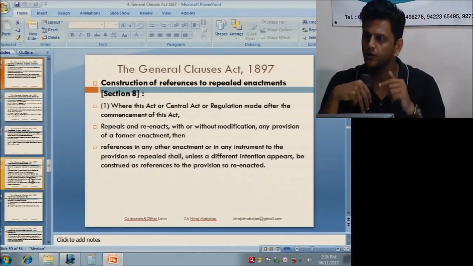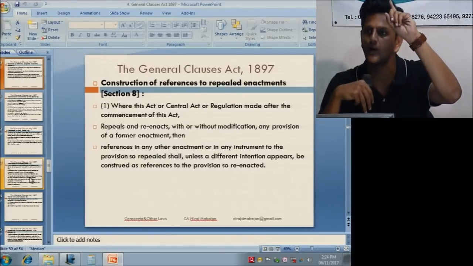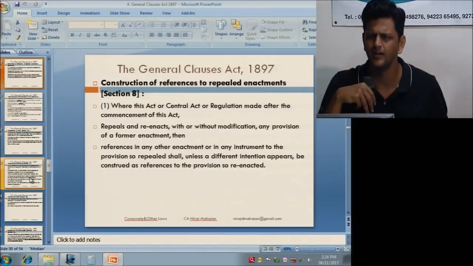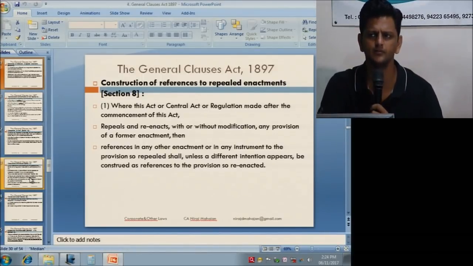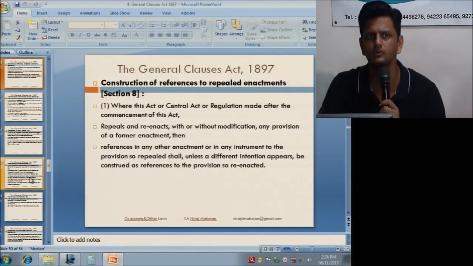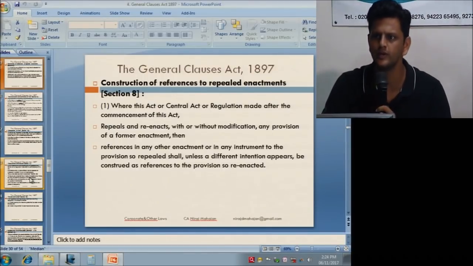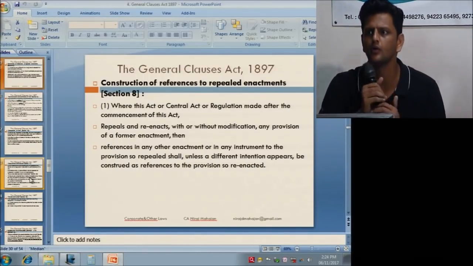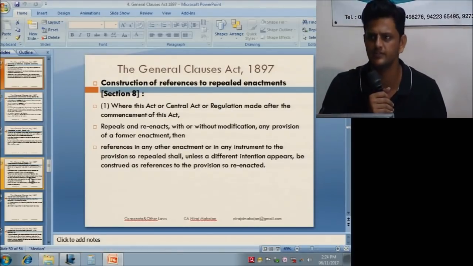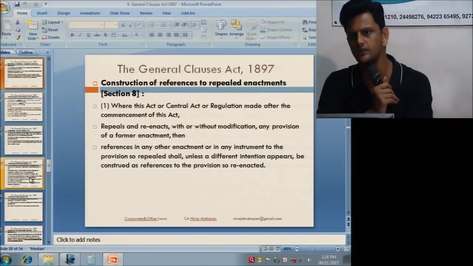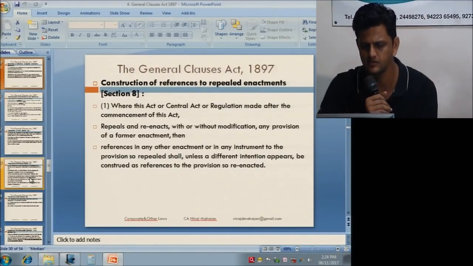Even act number 2 will automatically give a reference to the same other act to which act number 1 used to refer. For example, whenever there was some reference given by the Companies Act 1956 to the Income Tax Act 1961, now the Companies Act 2013 is repealing 1956, so whatever references were given in 1956 will continue in 2013 to the same Income Tax Act 1961.